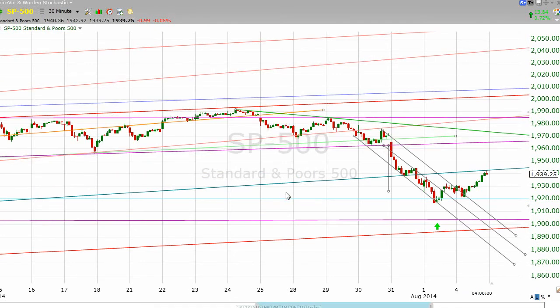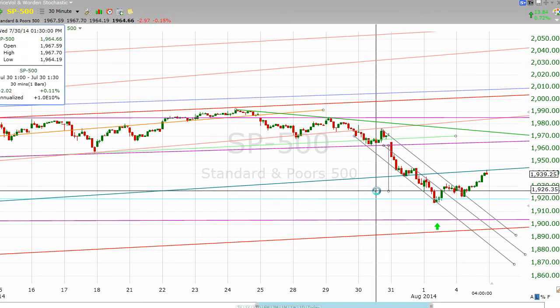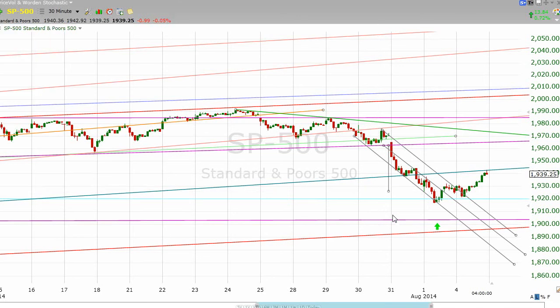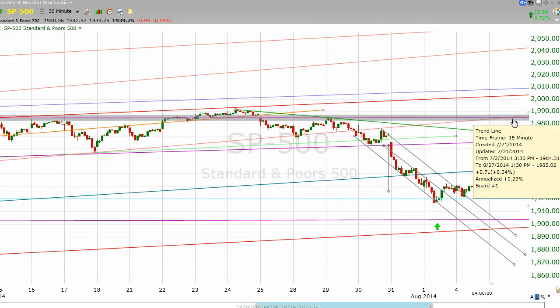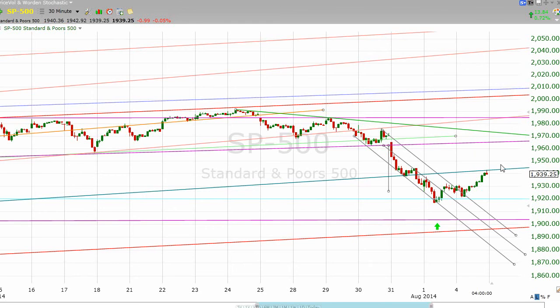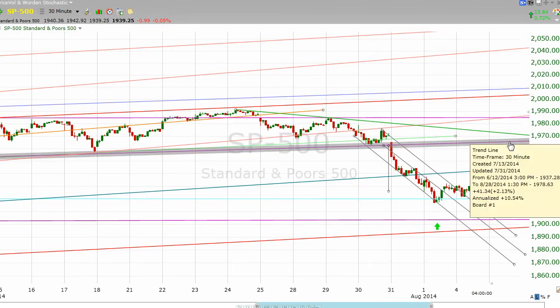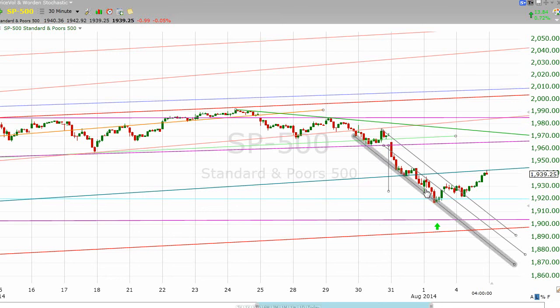Again, the target from this consolidation area has been met. That target was at about 1926. We've already done that. So if we can get some steam on this market, I think there is a chance that we could get back over even this resistance line right here, because again, the target has been met.